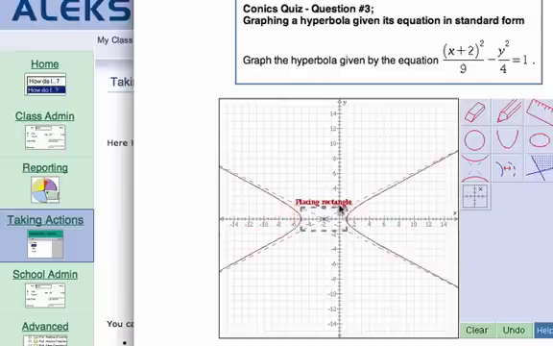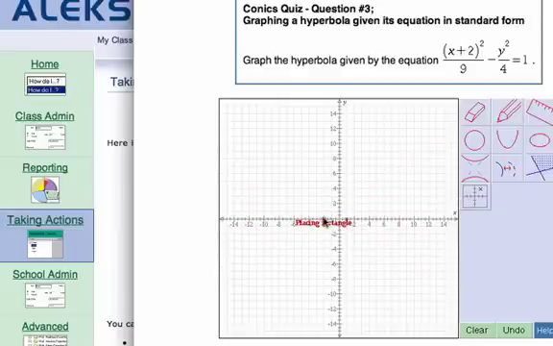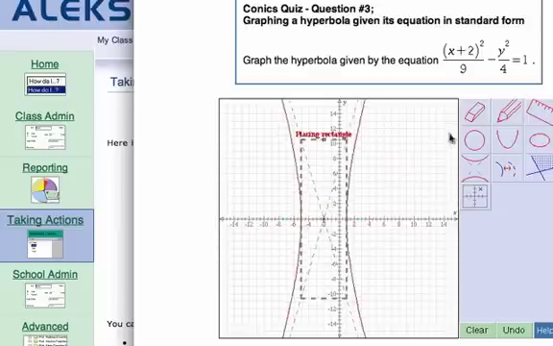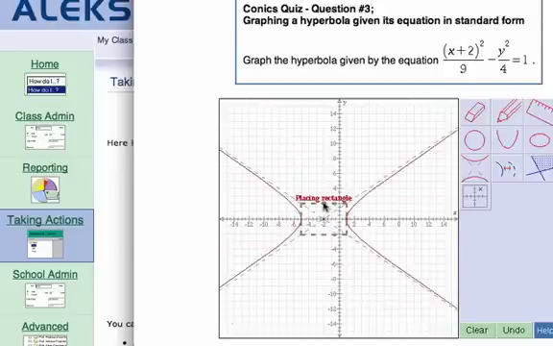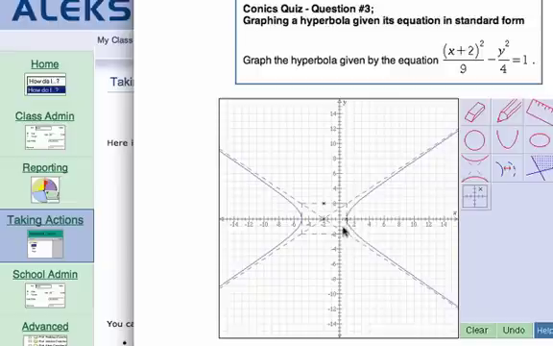Now it's asking you to help make this rectangle. So basically, you're going to go up your b value, which was 2. It's kind of hard to see on here sometimes, so go a little carefully. Now I can double check: I went from the center to the right 3 units, that looks good, and then from the center up 2 units, that looks good, and this is my hyperbola.